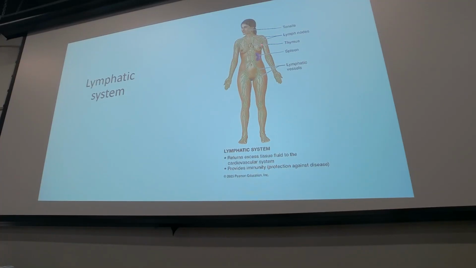And also we have not only cells in this system, but we have tissues like tonsils. Also, we have little organs like the lymph nodes that we have in strategic places, like the armpit, the neck, around our face, inside our thoracic and abdominal cavities, within the inguinal area, behind the knee, to protect from infections or diseases within these areas, the areas where we have exposure to certain infectious agents.